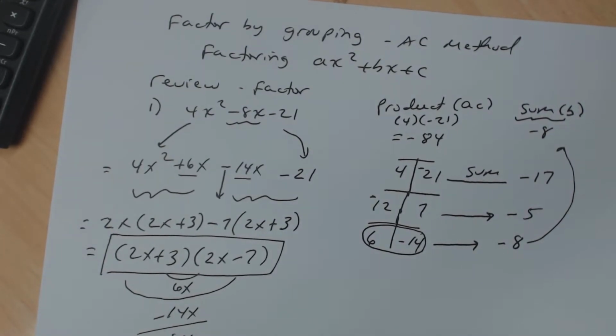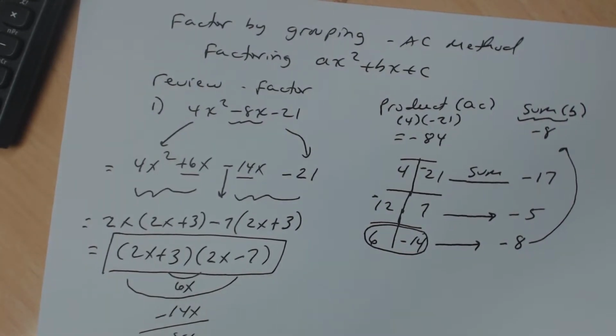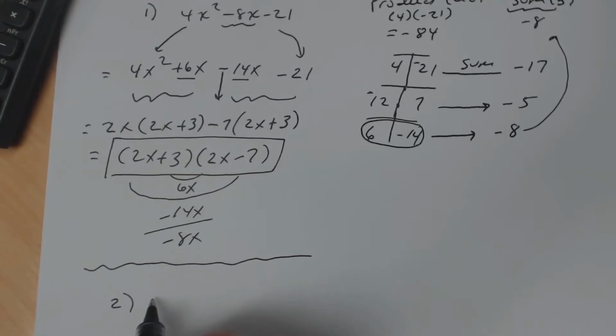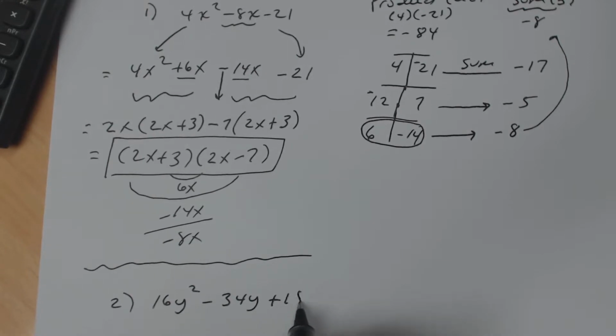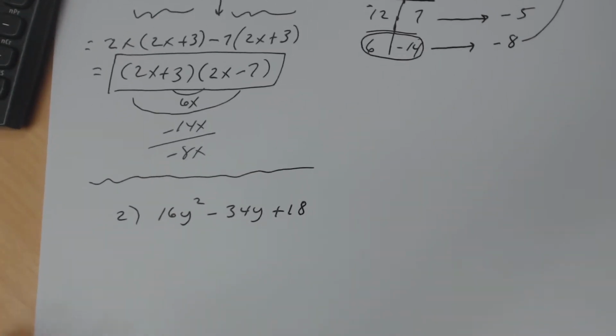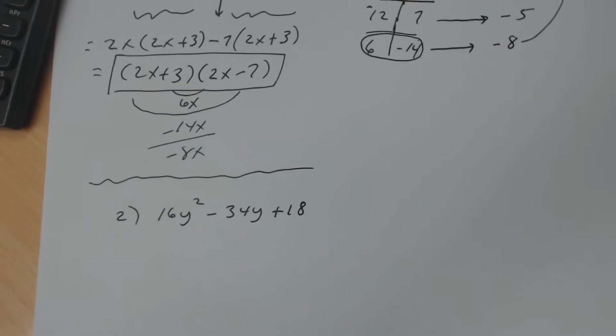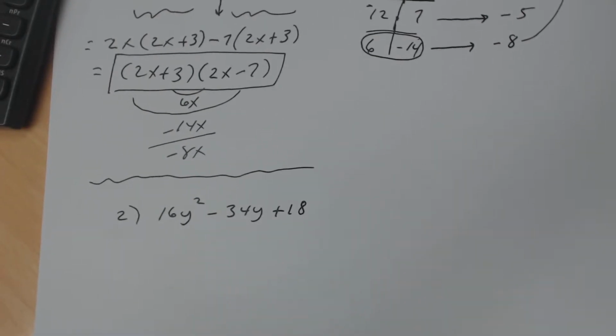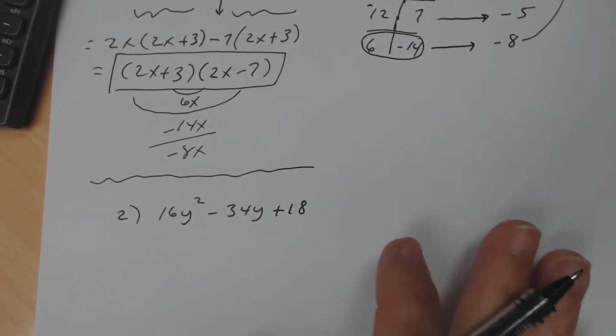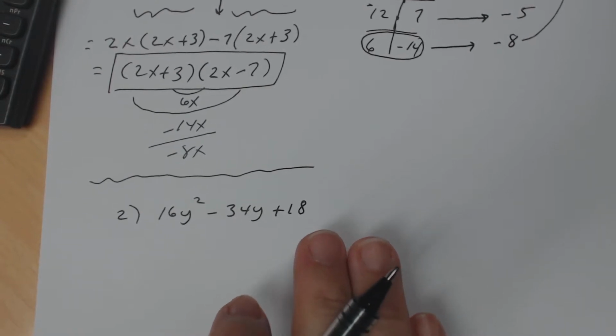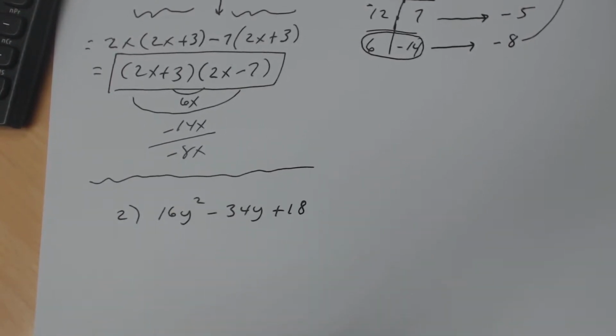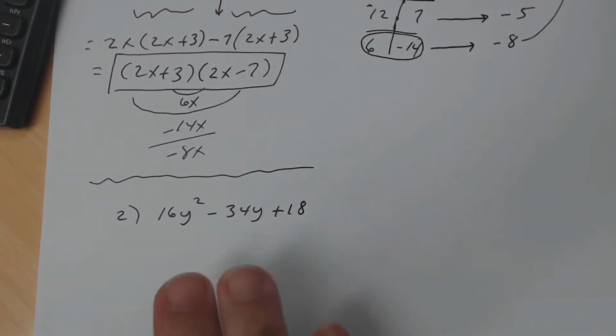Okay, now let's look at this example, number 2. Suppose I want to factor 16y squared minus 34y plus 18. All right, so 16y squared minus 34y plus 18. Now remember, as we go through factoring, you always want to look to see if this polynomial has a GCF other than 1.